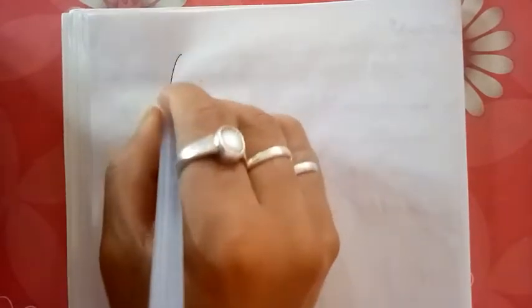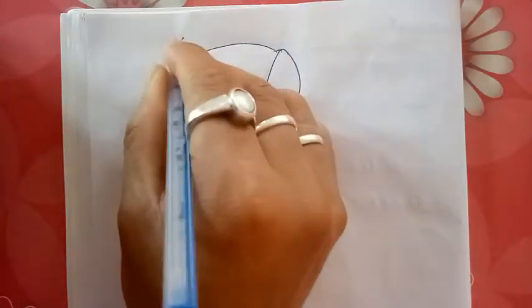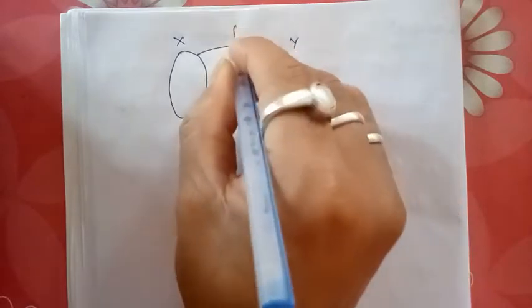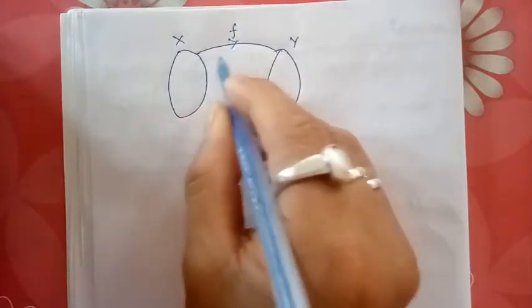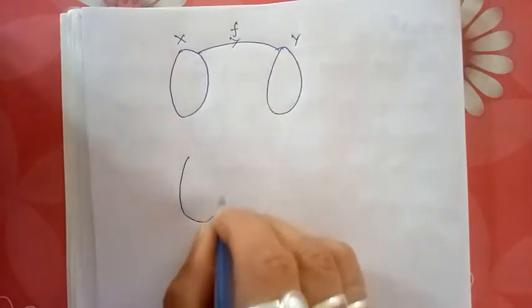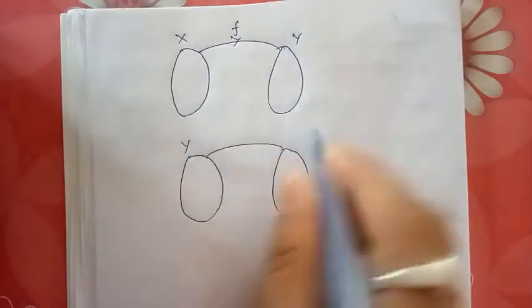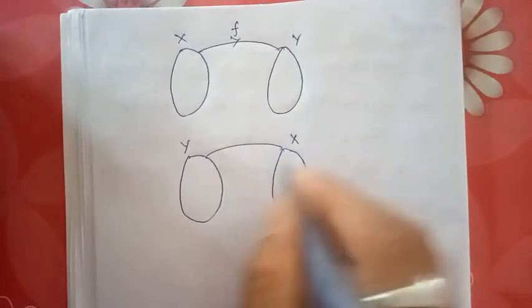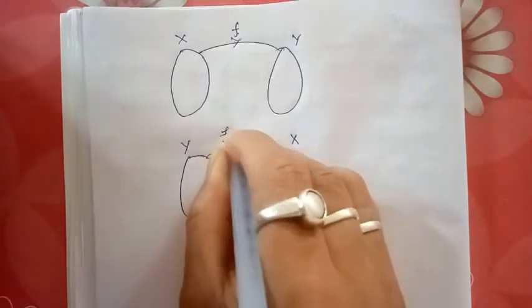Suppose this is set A and this is set B, or this is set X and this is set Y, and this is function f from X to Y. If we interchange the sets, Y and X, then it's called the inverse of f and it's written as f inverse.